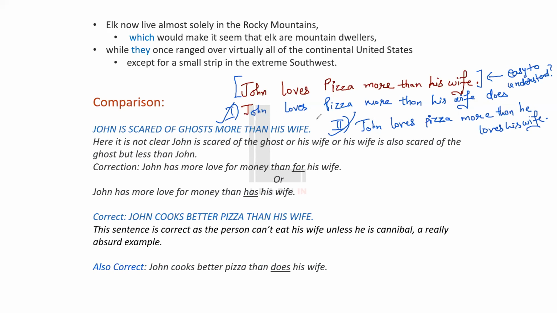What are we comparing in the first sentence? John's love and his wife's love. That is why I have put does here. In the second sentence, we are comparing pizza with his wife. Understood? So entities of comparison are really important.